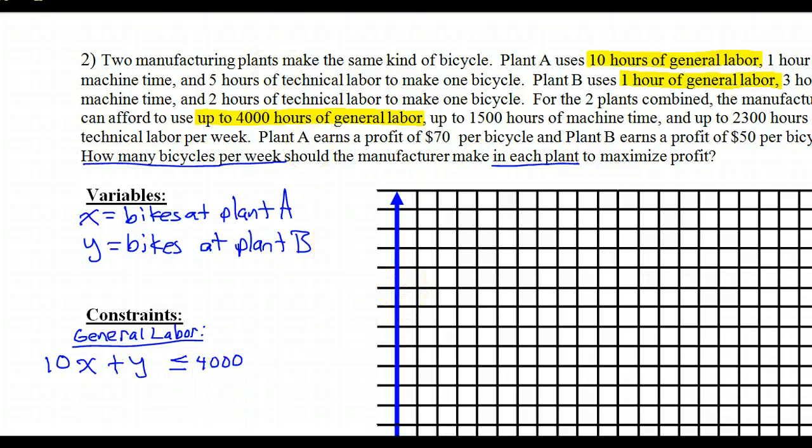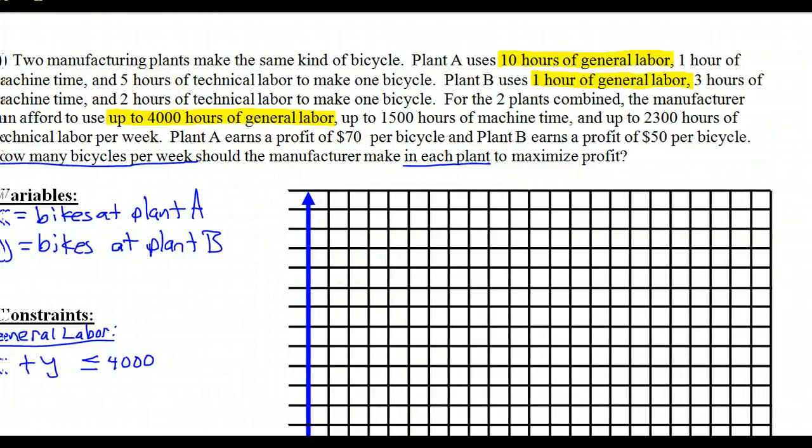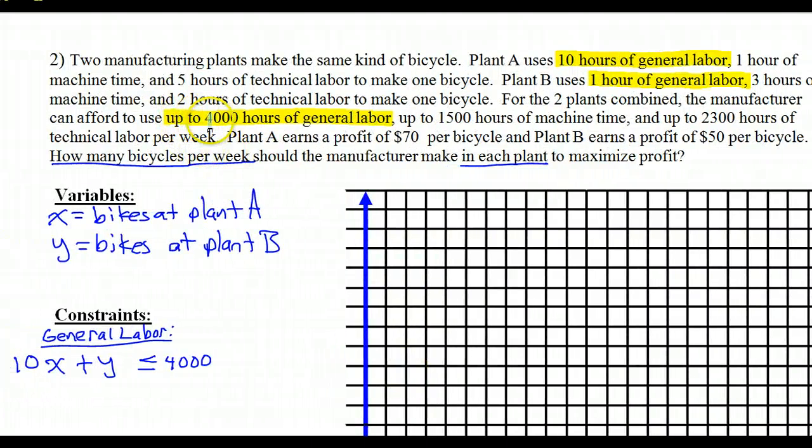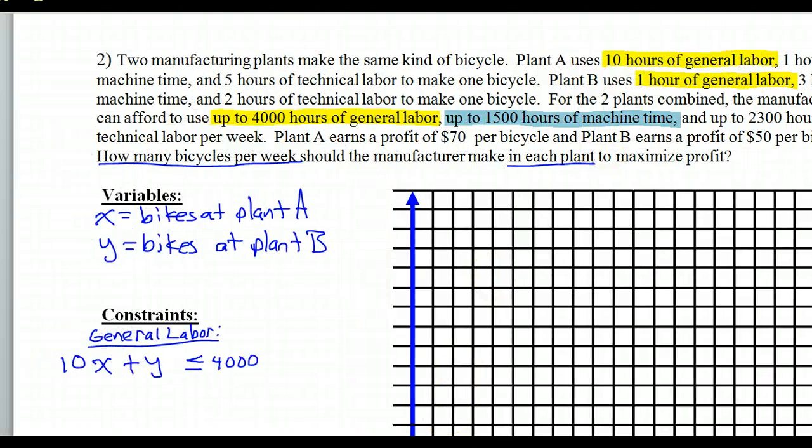All right, what are the other constraints? Let us switch over to blue. So right here we had our first constraint, up to 4,000 hours of general labor. Then we've got up to 1,500 hours of machine time. Machine time. So that's another constraint. I'm going to write that one in red.